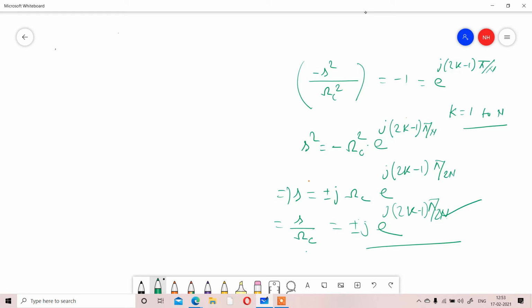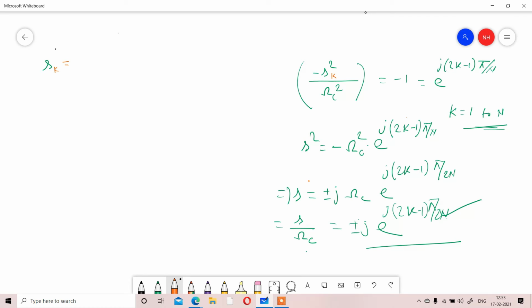Check it. As we are considering k equal to 1 to n, we are representing s by sk. Both are the same, just we are representing s by sk, because when k equal to 1, s1, when k equal to n, sn, and we will see that all values give minus 1. That is the reason we are considering sk, nothing else.